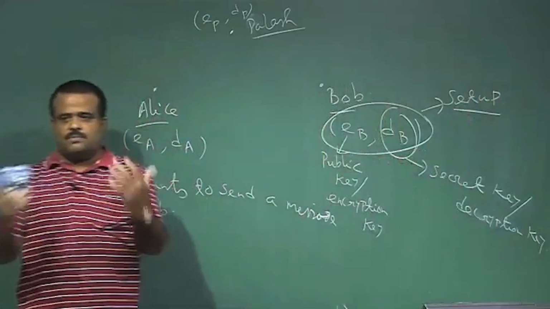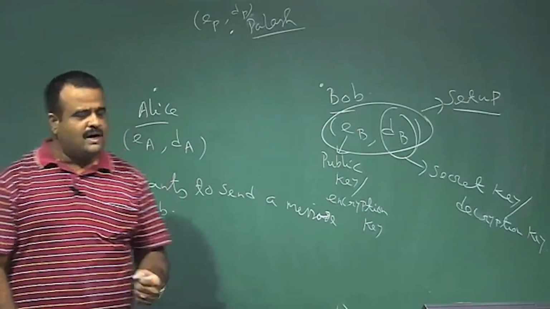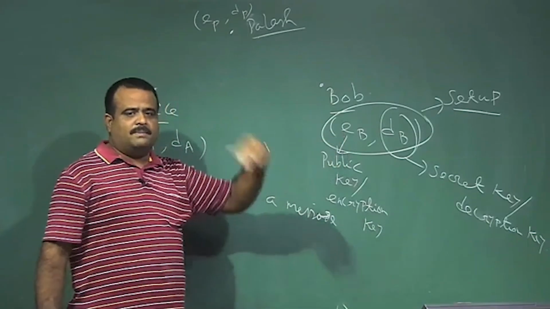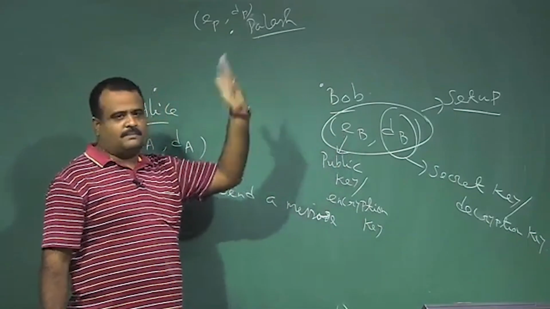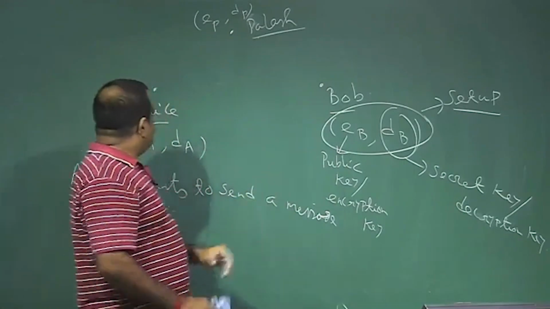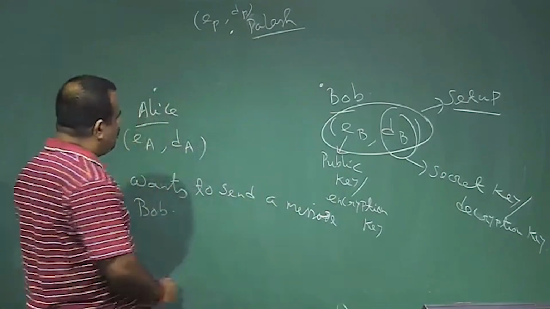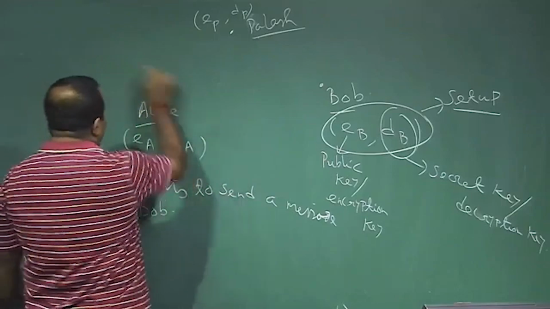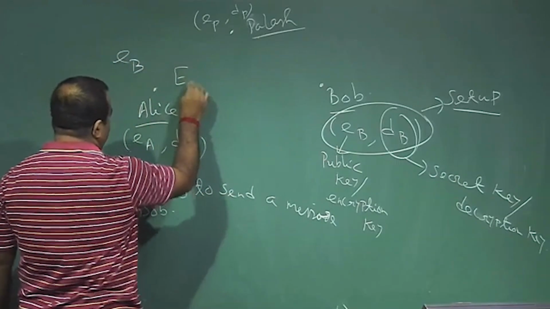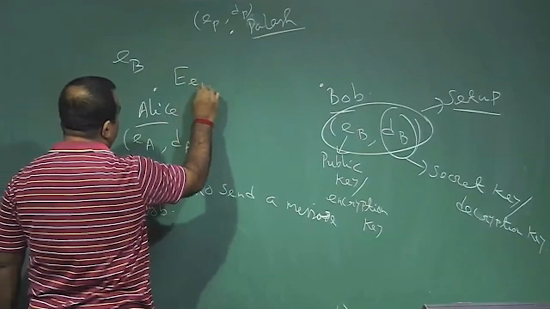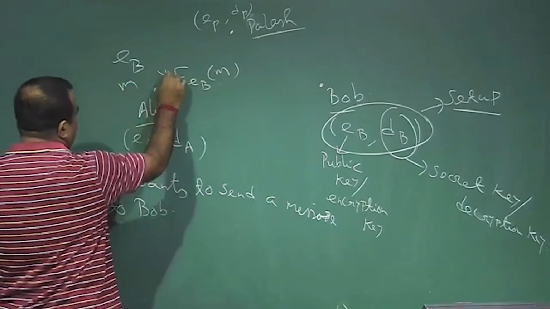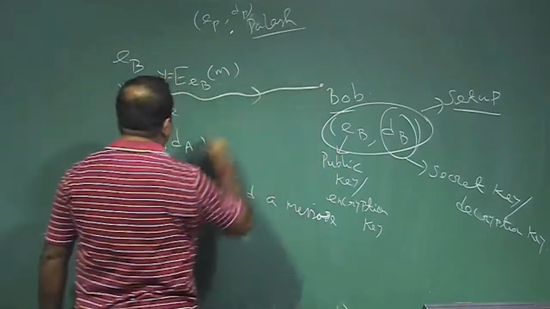After running this, Bob has Bob's public key and private key, and Bob makes the public key public. It can be stored in a public key directory or somewhere else, or he can announce this is my public key. Now if Alice has to send a message to Bob, Alice has to get Bob's public key. Alice will encrypt the message using public key encryption, and this is the ciphertext Alice will send to Bob.